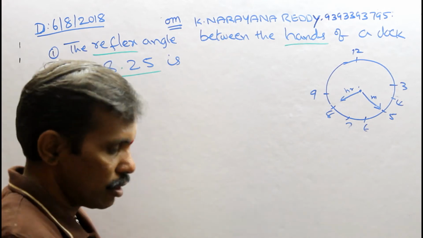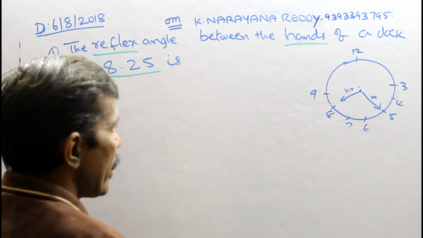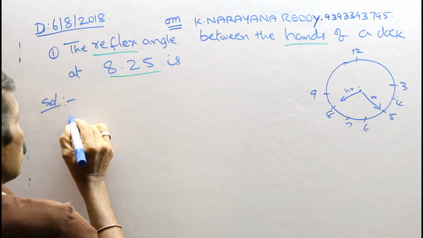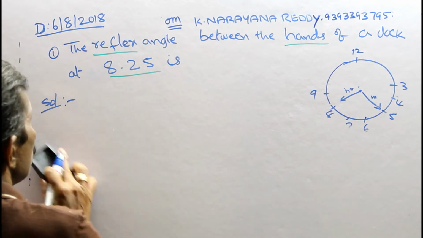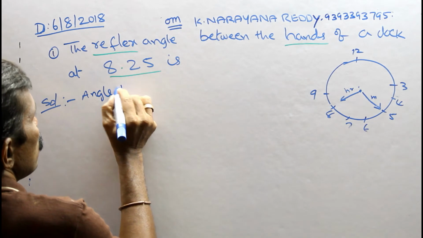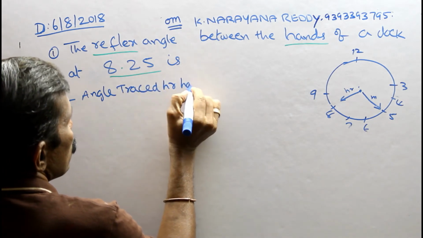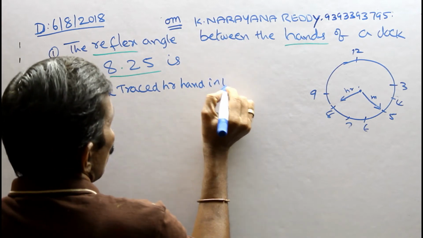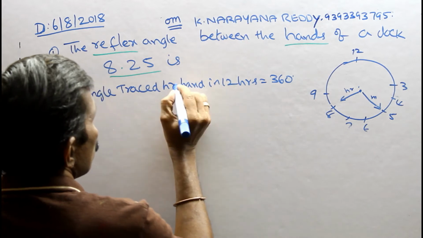That we have to find out. So actually, the angle traced by the hour hand in 12 hours is equal to 360 degrees.